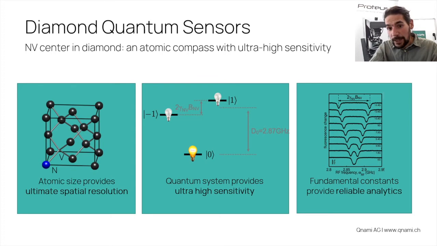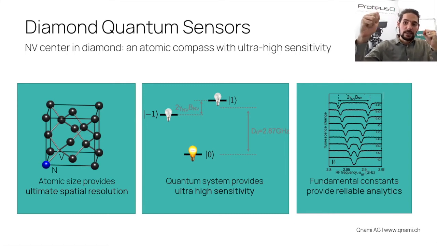Whenever you hit the resonance frequency with one of these levels, there's a dip in the fluorescence. This allows us to see the splitting between the two spin polarized levels, and since this is directly proportional to the magnetic field that the NV center is exposed to, it gives you a very good sensor for small magnetic fields.